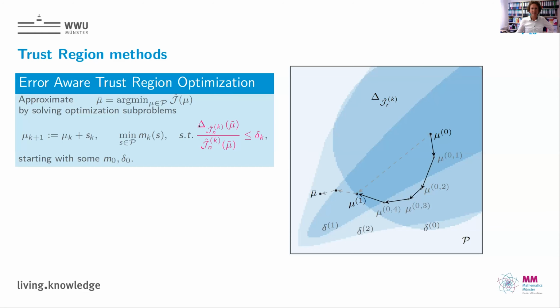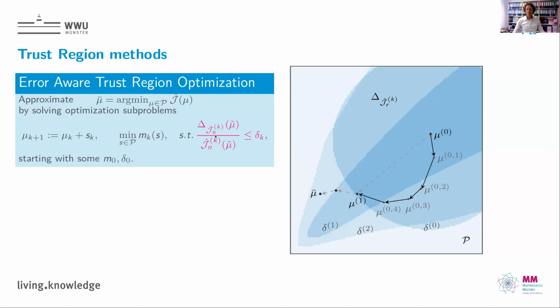So what you see here is an a posteriori error estimate of the error in your objective function divided by the absolute value of the objective function, which is the relative error in the objective function. So you should be able to compute this error. And of course, this should be efficient. So you need an efficient a posteriori error estimate of this quantity.